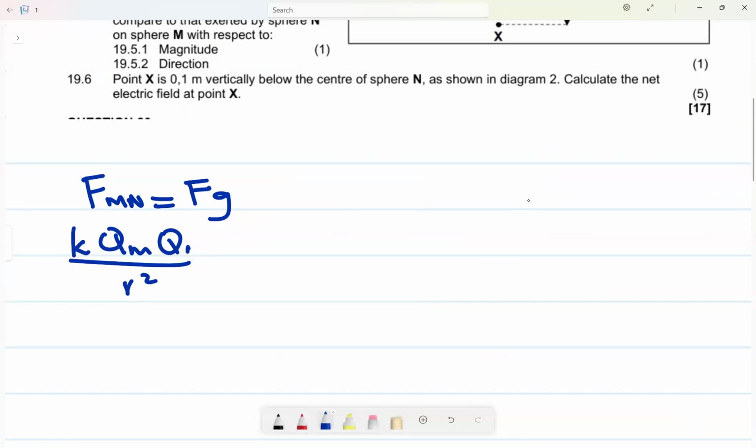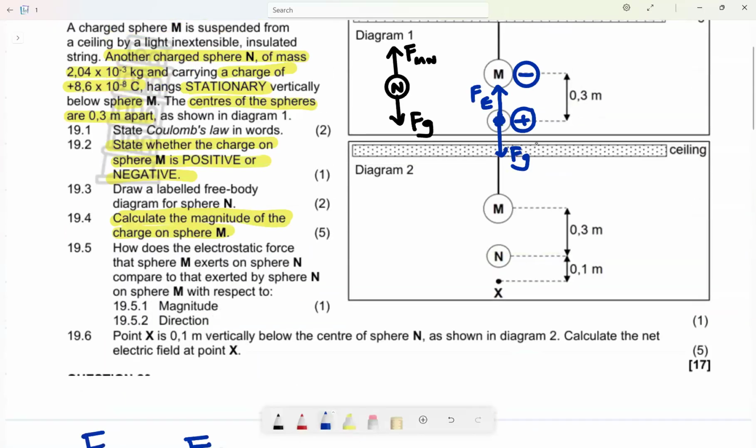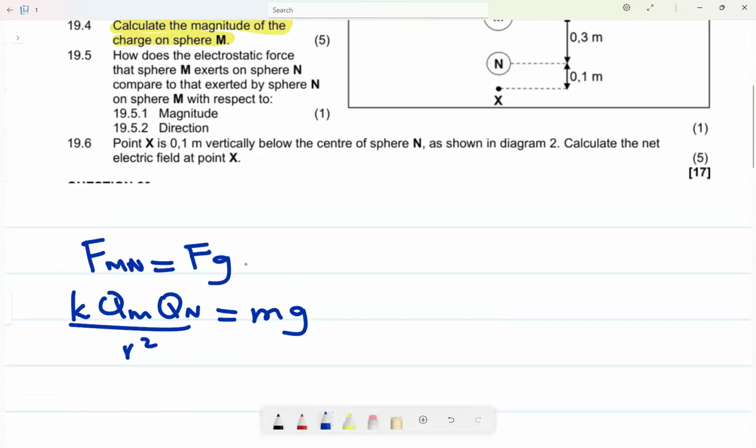And Fg is mg, but the mass I'll be using is the mass of N, because I'm doing this for N.